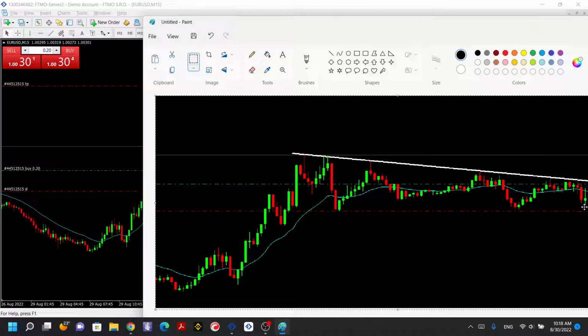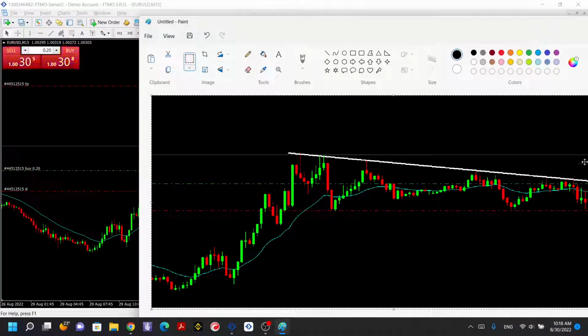Market made a micro double bottom here, a third push down. So what happened is that one push down and then push up, second push down and then a push up, third push down.